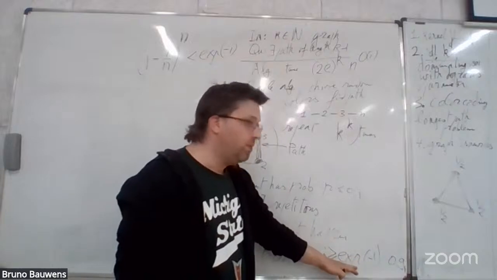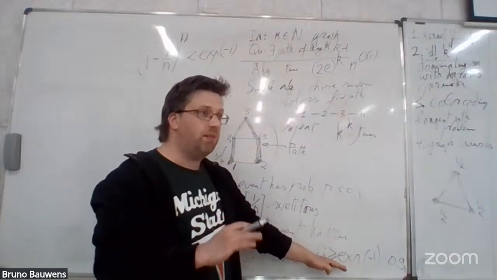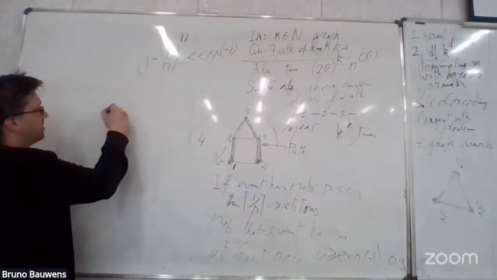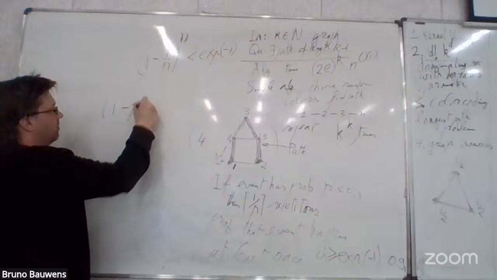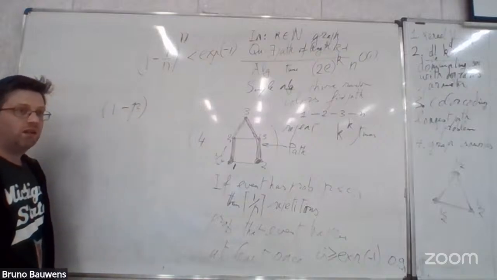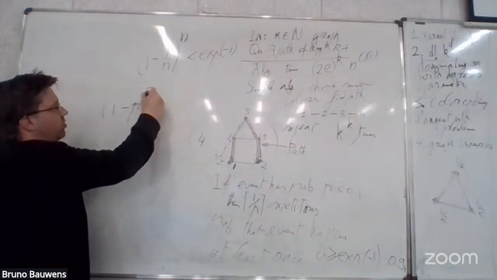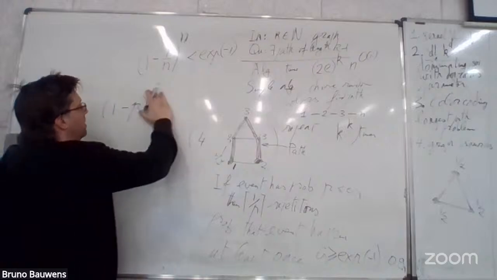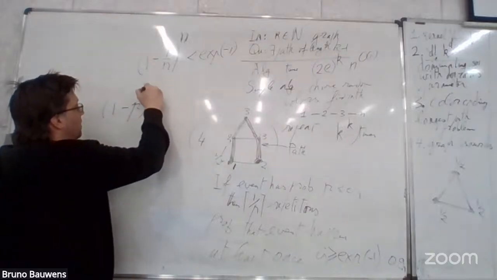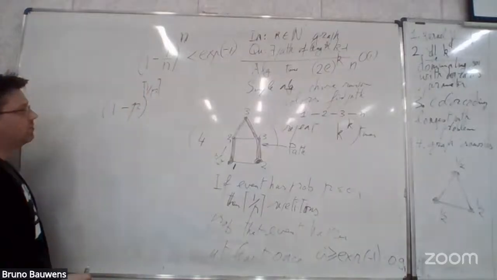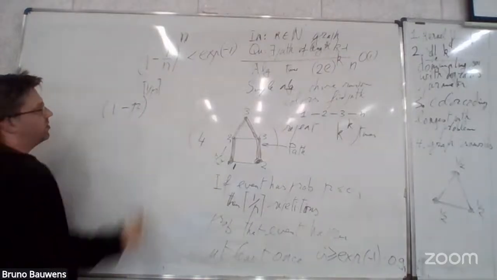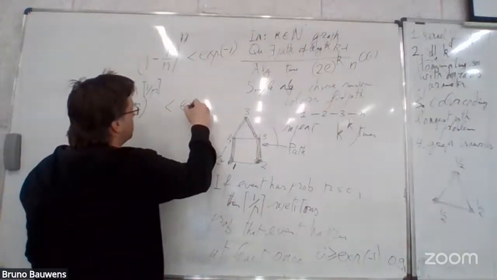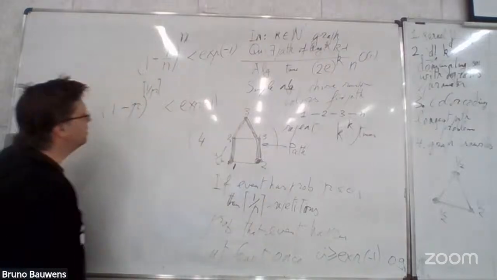We need to bound the probability that the event does not happen for 1 over p times. The probability that it does not happen the first time is 1 minus p. The probability that it does not happen two times is this probability squared, since each time is an independent repetition. So when we do 1 over p and round up, we can apply this formula. This will be smaller than e to the power minus 1.